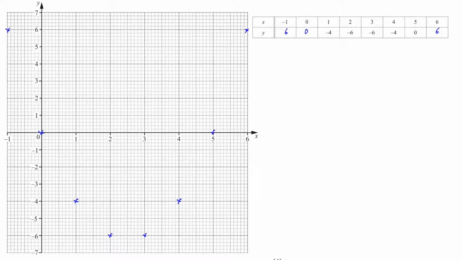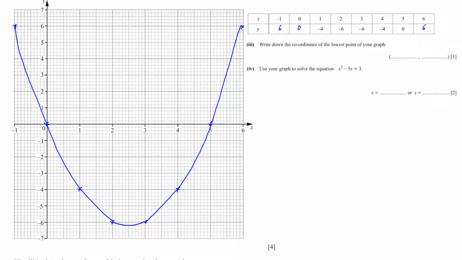After you plot the points, you have to join the points to form a smooth curve. Remember that we cannot have a straight part here, so we are going to round it a little bit. This is how your curve will look after we have finished joining the points.